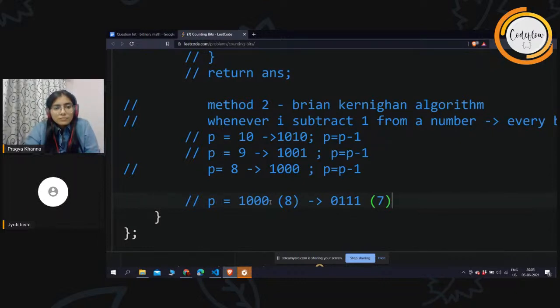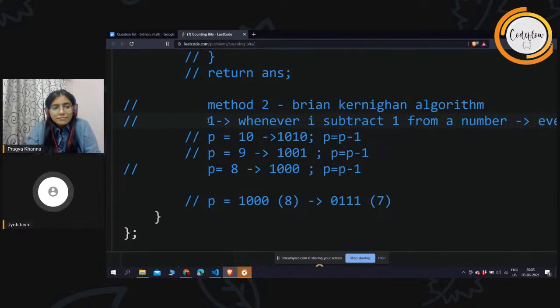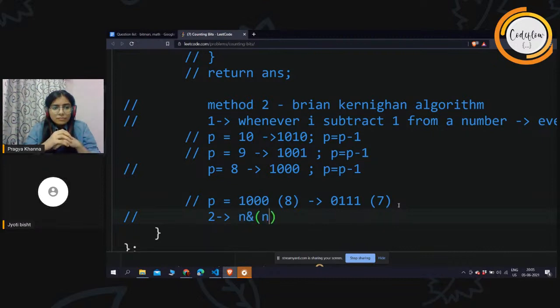It works. So this is the first thing that you should remember about Brian Kernighan algorithm. That is, whenever one is subtracted from any number, every bit after the rightmost set bit is reversed. Okay. And the second thing that you need to remember about Brian Kernighan algorithm is that n and n minus 1 will remove the rightmost set bit.